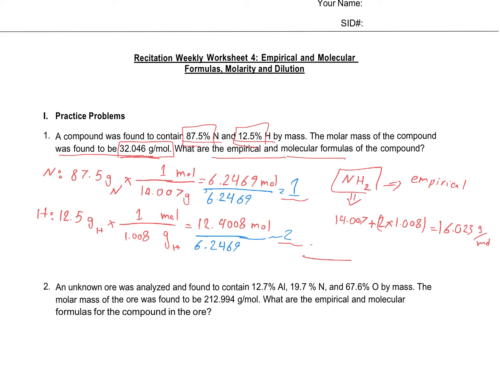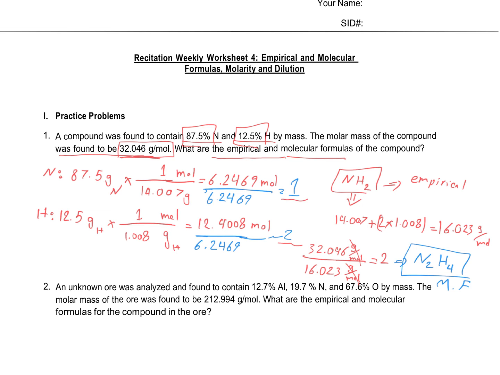So you divide that 32.046 gram per mole by the mass of each empirical formula unit. So you can get rid of the units, and this is 2. So which means you have 2 units of the empirical formula as the molecular formula. Therefore, the molecular formula is N2H4.